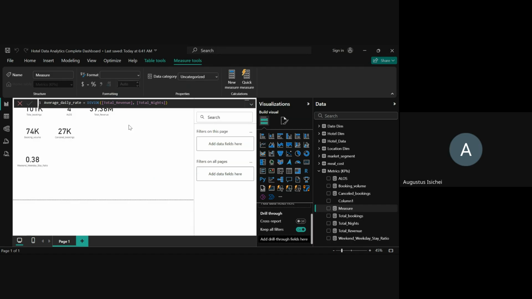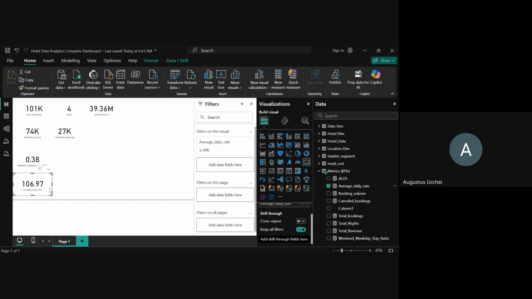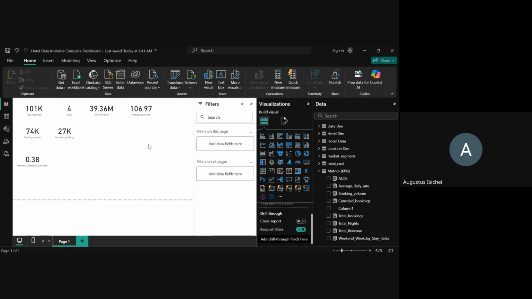All right, so let's see what our average daily rate is. So that is 106.97. That is the metric for our average daily rate, 106.97. And then finally, okay, not finally, I think we have two more to go.